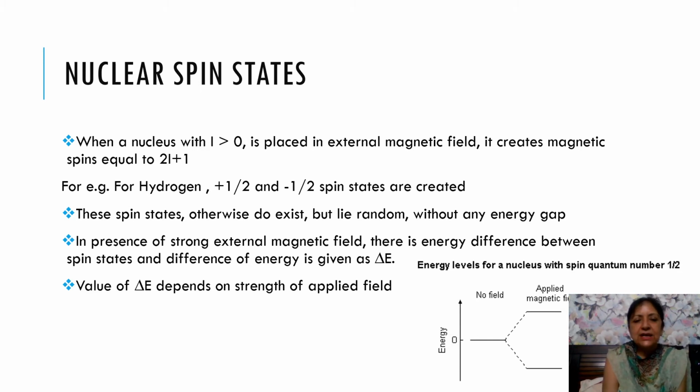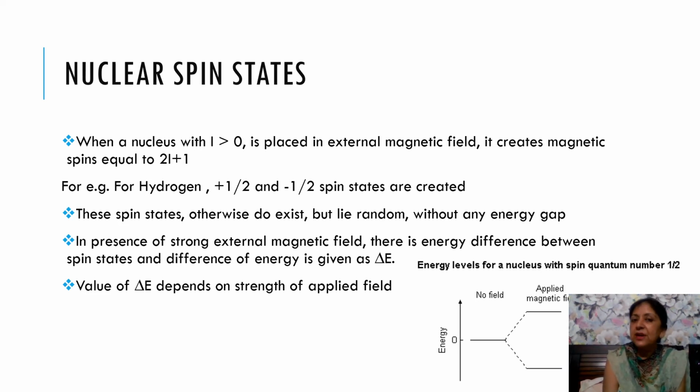When such a nucleus is placed in an external magnetic field, which is of course denoted by H0, but in NMR the M stands for external magnetic field, these two spin states start separating and orient themselves either aligned with the external magnetic field or against the magnetic field.